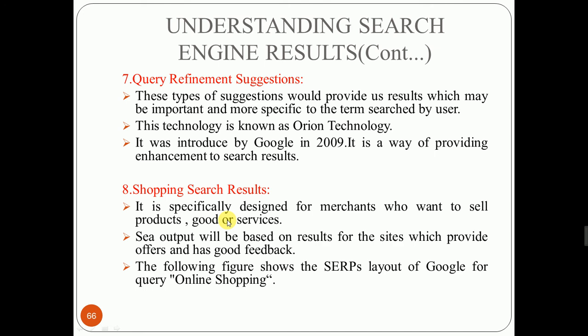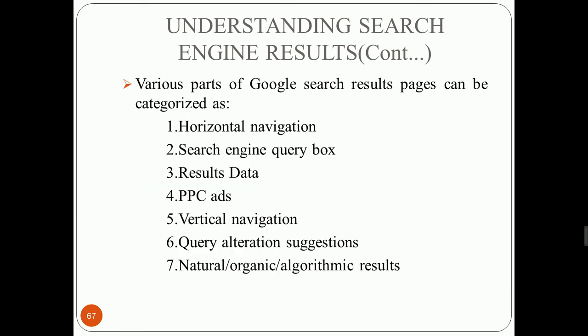The following figure shows the SERP layout for Google's query for online shopping. You can also display the result on the online shopping, or you have already searched so many things.